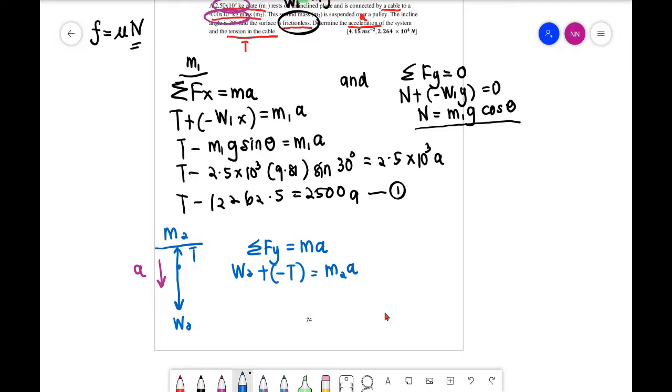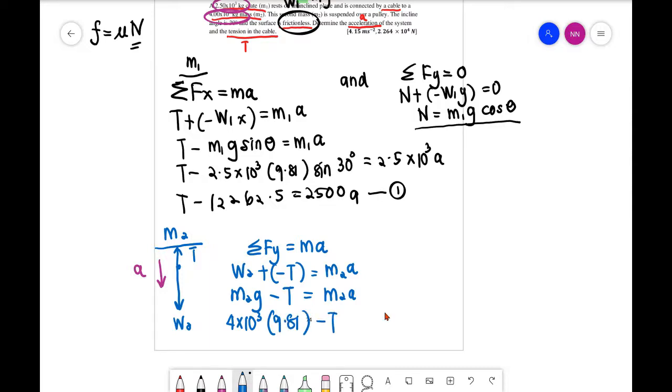So W2 plus negative T equals M2A. W2 is mass 2 times gravity. We can substitute mass 2, which is 4 times 10 to the power of 3, and G is 9.81.